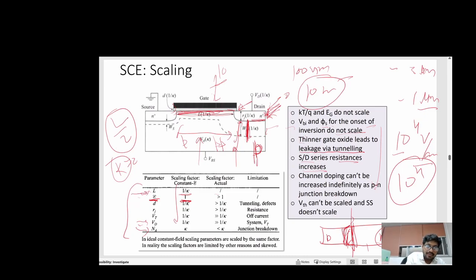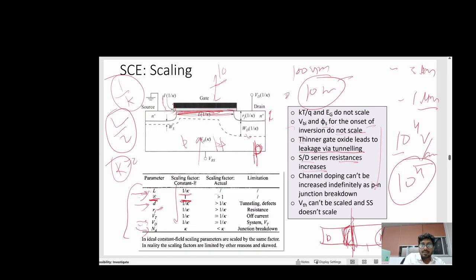D is the thickness of this dielectric layer that you have to scale down by 1 by k. And Rj is the thickness of the drain, the N plus doping.